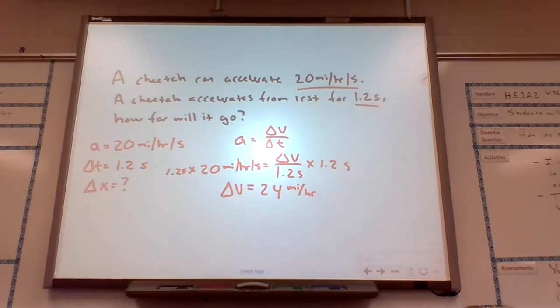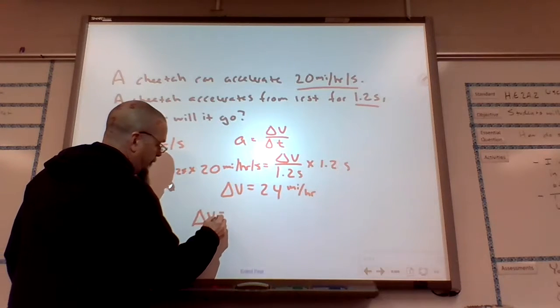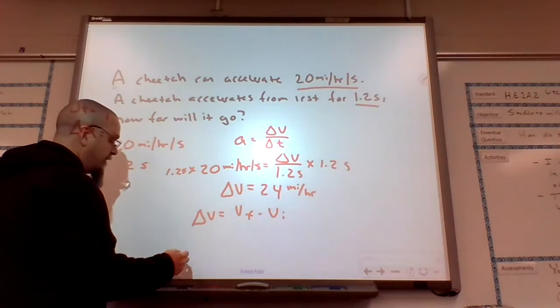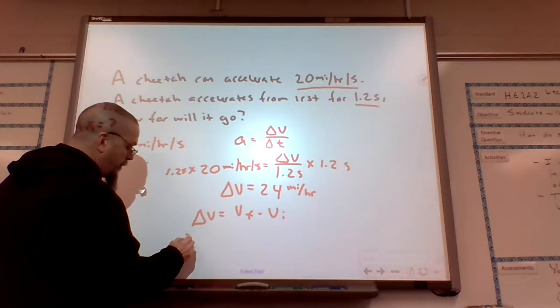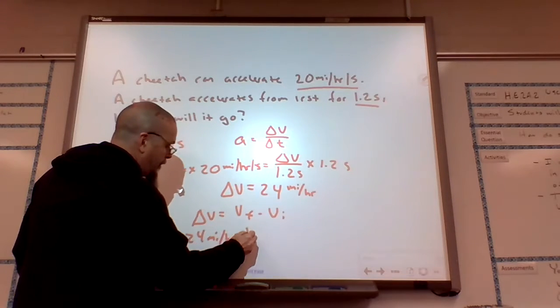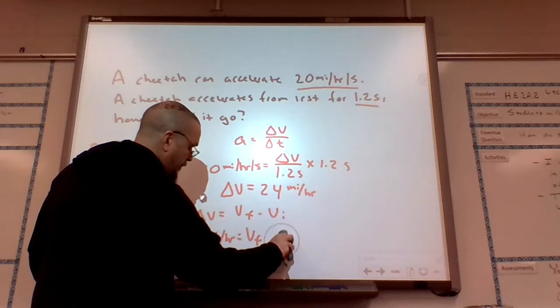Fantastic, it's not in my equation, but I can use the delta v equation to find my vf. Vf minus vi. My delta v is 24. I'm starting at rest, so my vi was 0.